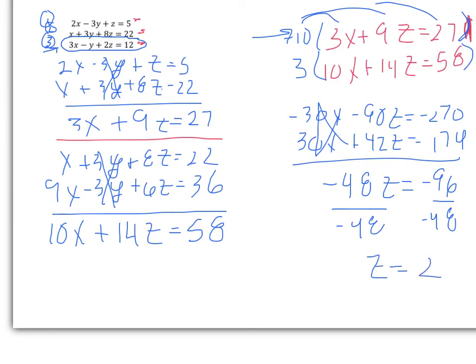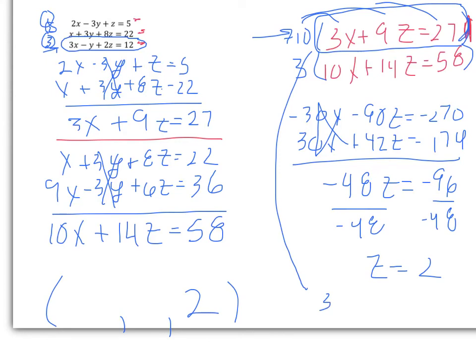Okay, so we know we have this ordered triple, some x, y, z combination. Our z is 2. In order to solve for x, we plug this back in. I'm going to plug it back into this equation here. So we have 3x plus 9 times 2 equals 27.